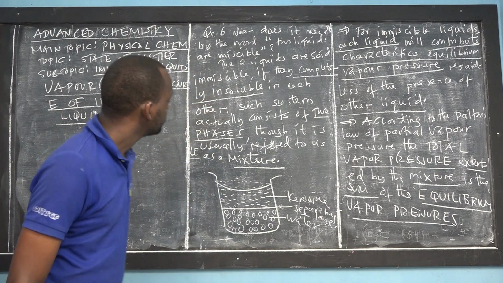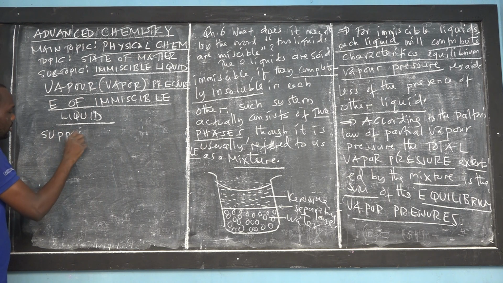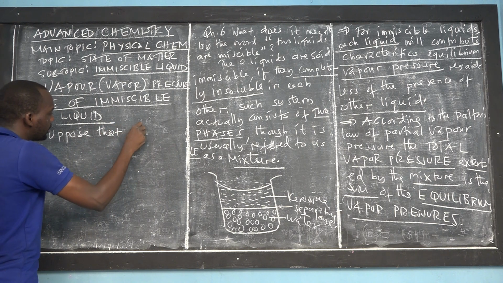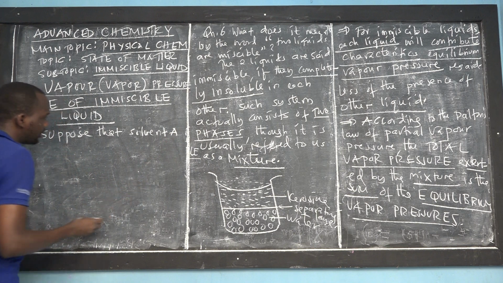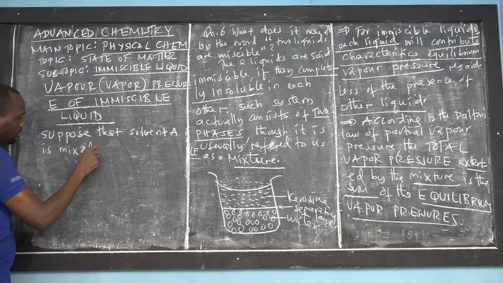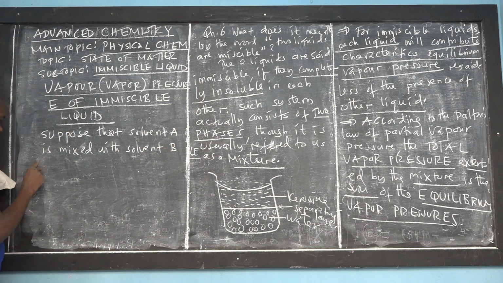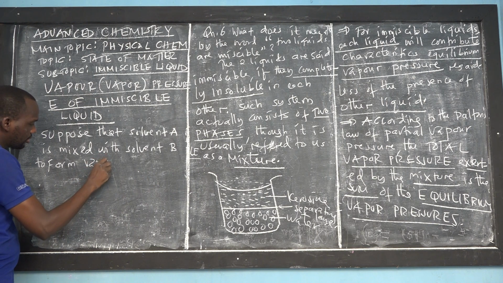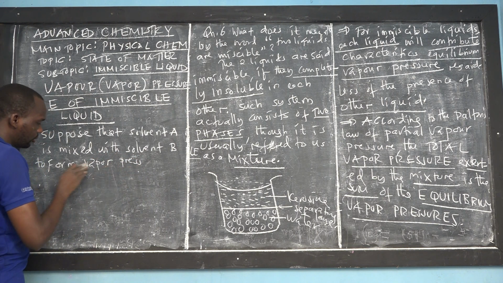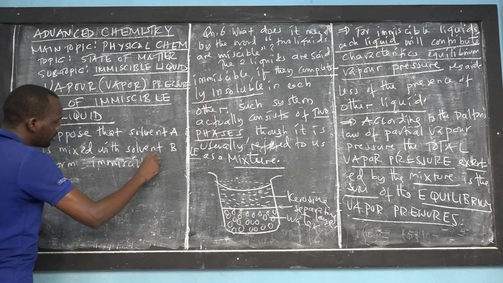solvents, right? In order to have a mathematical expression for Dalton's law, suppose that solvent A is mixed with solvent B to form an immiscible liquid.